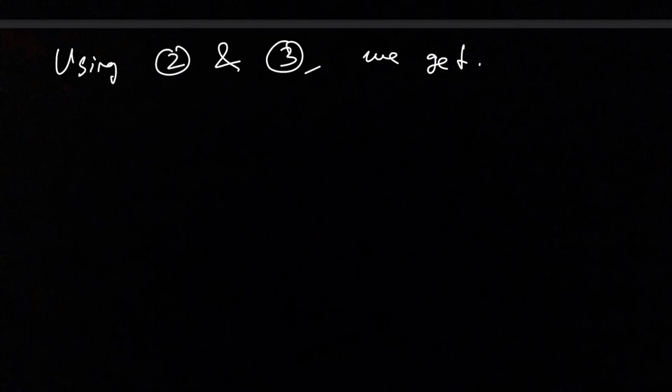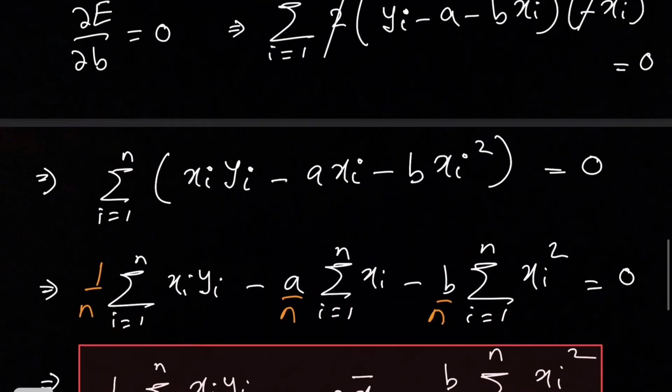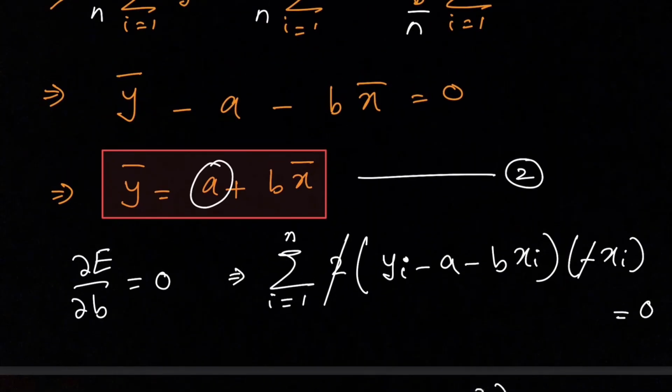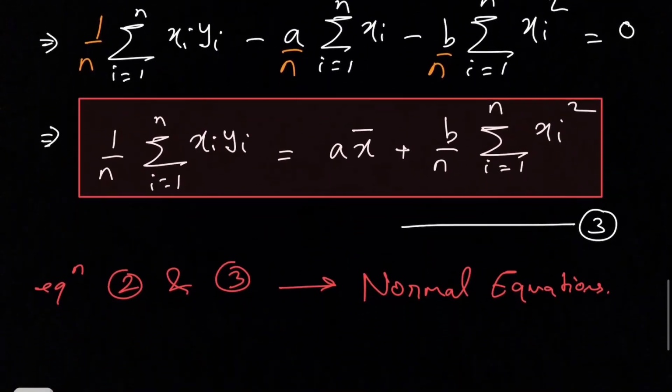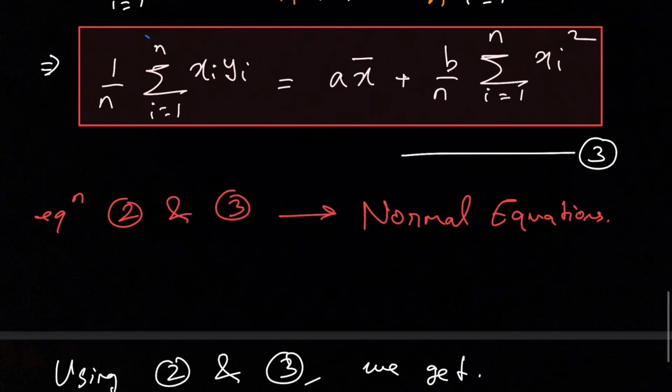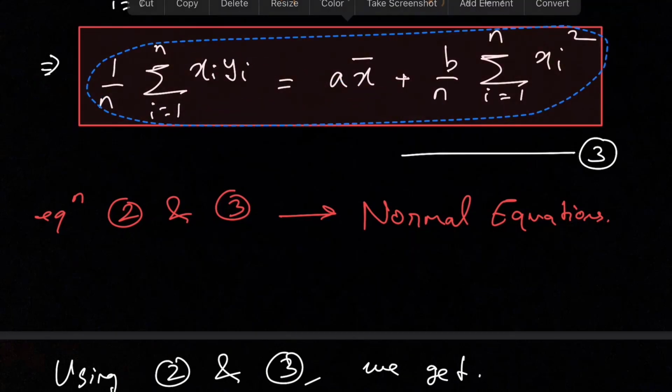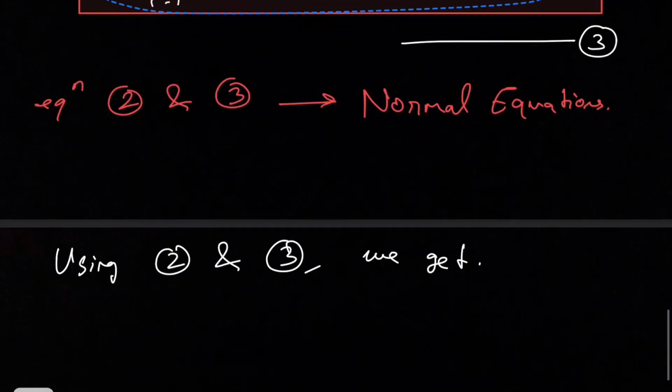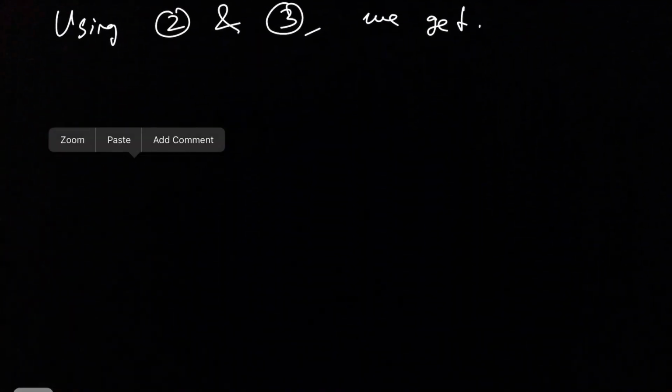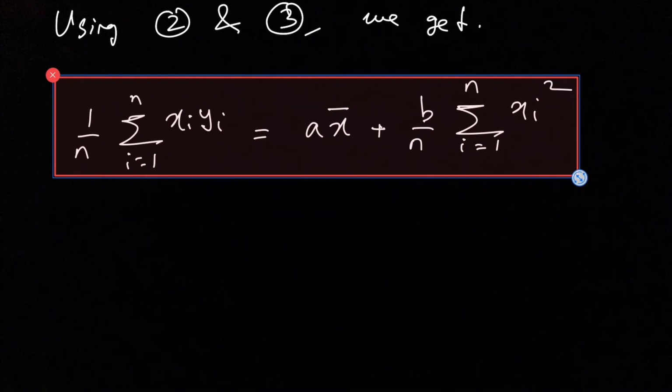okay, now what we'll do is, in place of a, we'll write it as y bar minus b times x bar. So let's just copy this entire thing down here. Copy, paste, erase the rest.